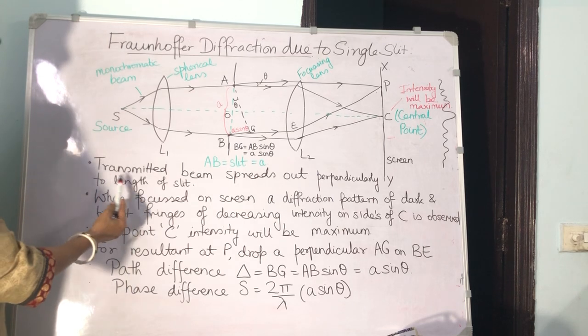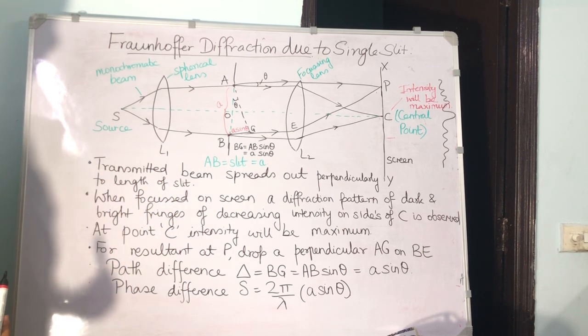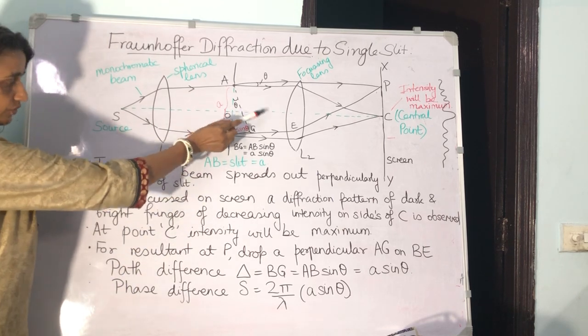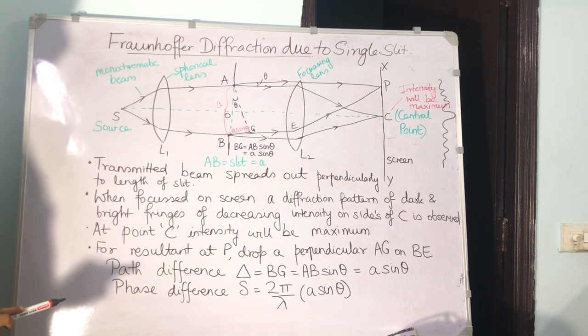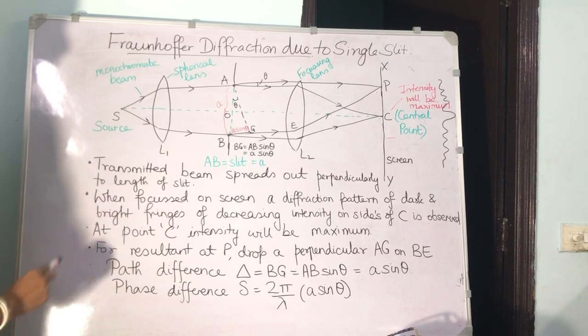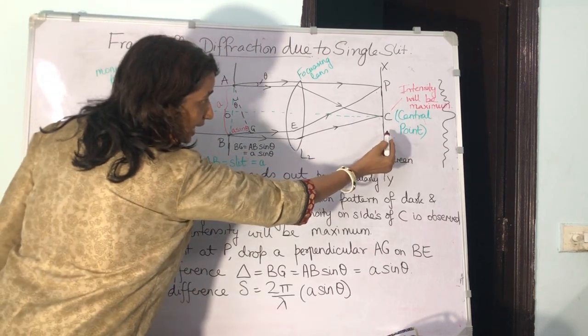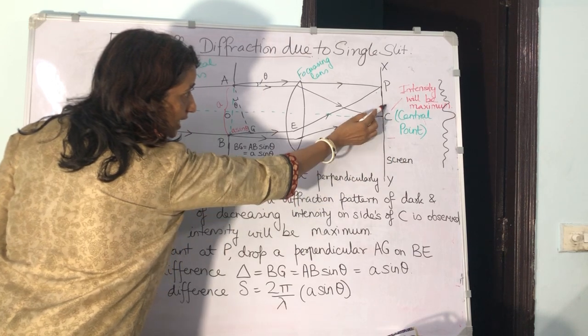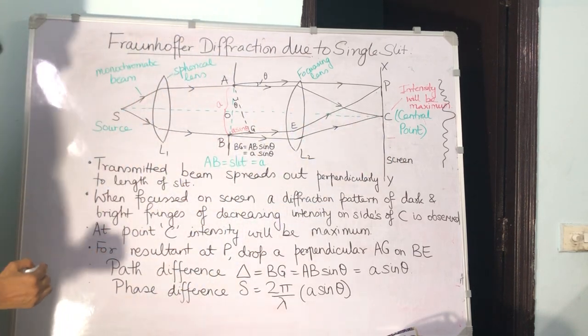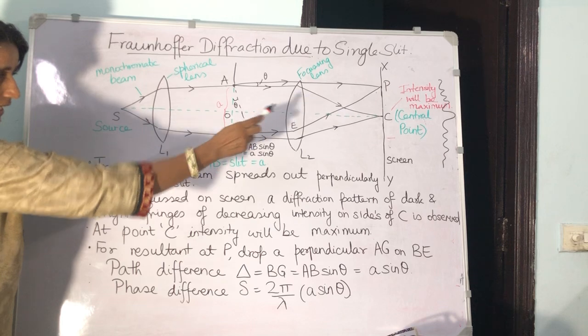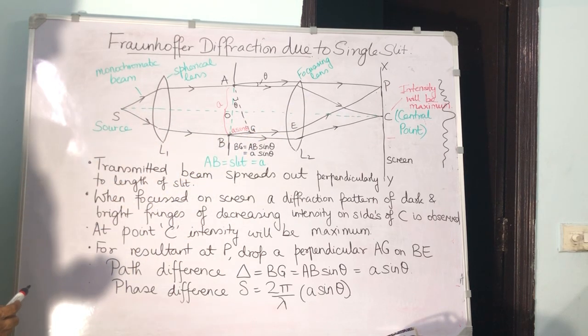The transmitted beam spreads out perpendicularly to the length of this slit. When focused on the screen, a diffraction pattern of dark and bright fringes of decreasing intensity get formed across the central point. And at point C, the intensity is maximum.